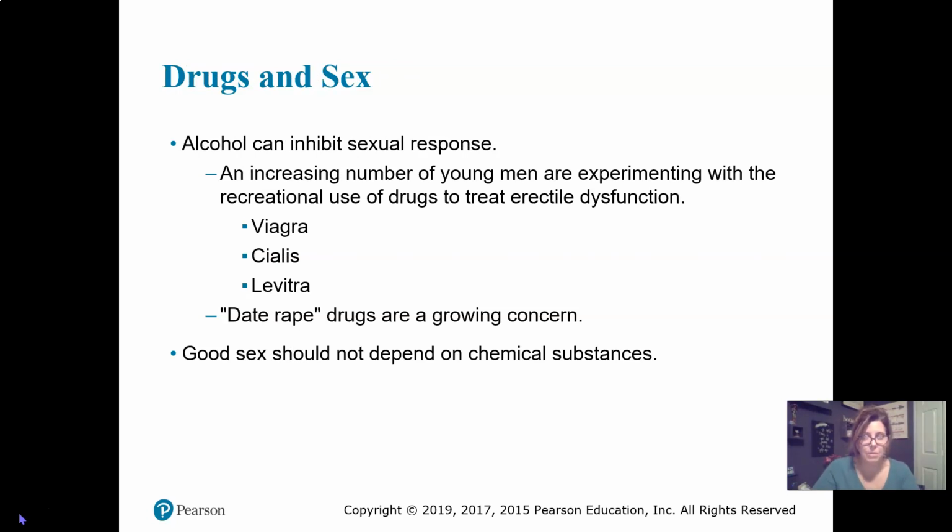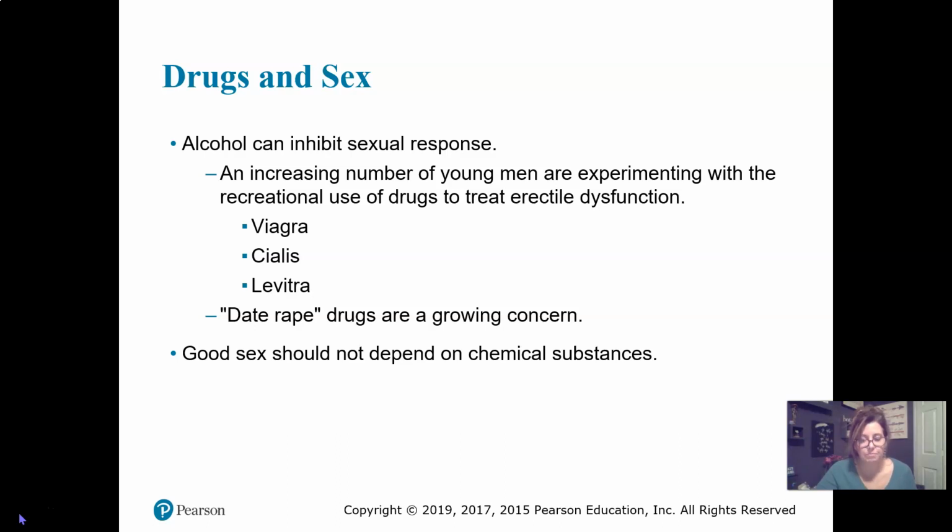You hear a lot of people say, ooh, I'm getting loose, I'm getting in the mood. Well, for men, that can often lead to inhibited sexual responses. The mind may be willing, but the body may not be willing. When male erectile dysfunction drugs like Viagra are used incorrectly and combined with alcohol and other drugs, they can cause a sudden drop in blood pressure and possible cardiac arrest, a heart attack.